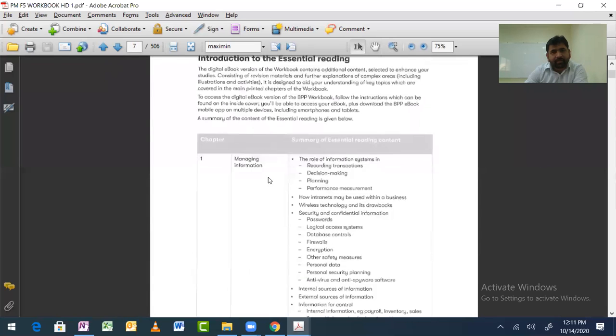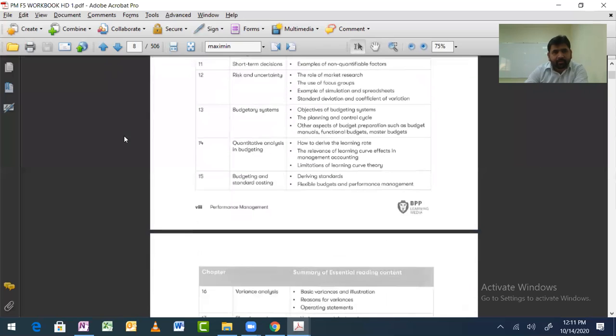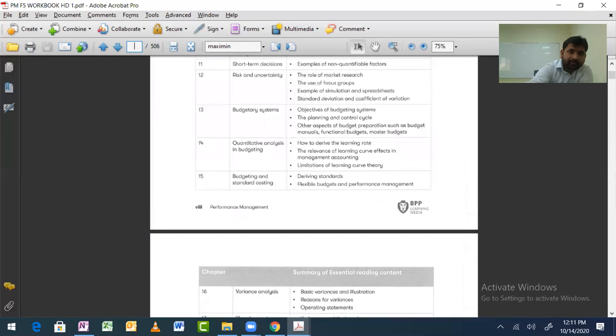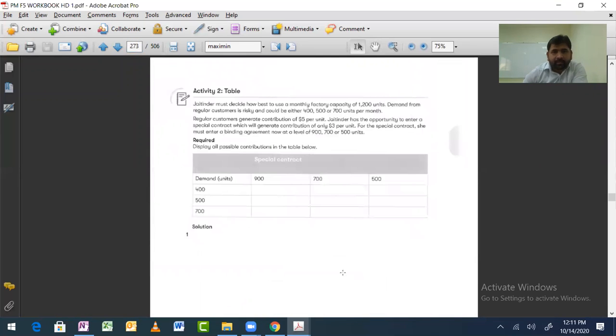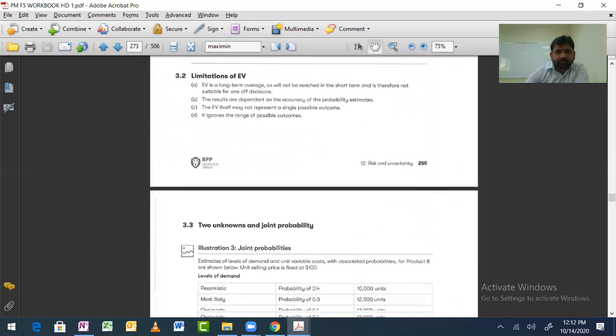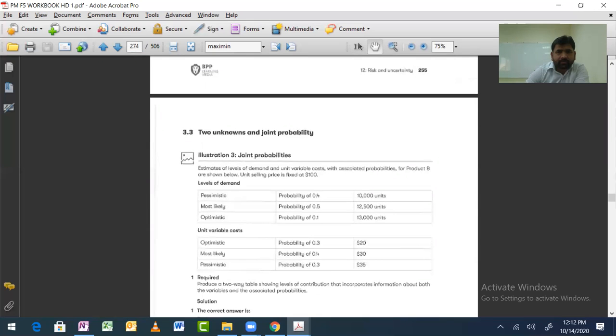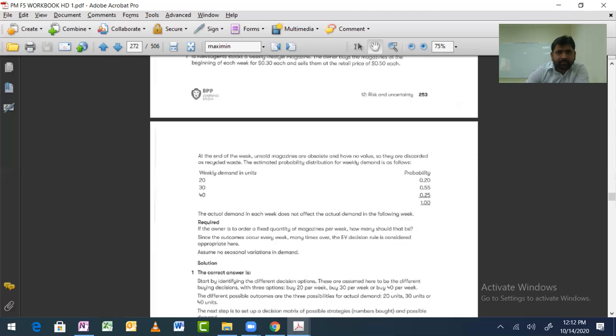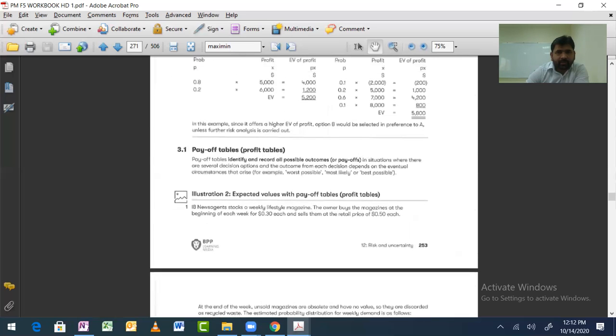Page number 253. Yeah. So let's say 273. Display all possible contributions. So these are joint probability stuff. 253 you said, right?